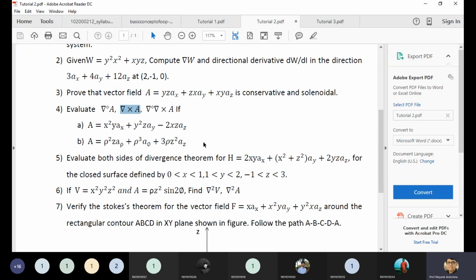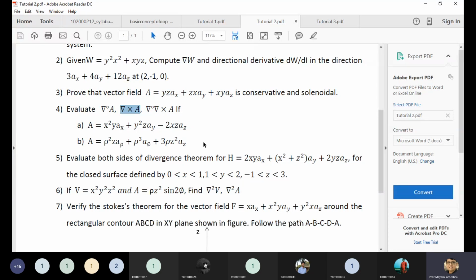For example 5, you have to prove the divergence theorem, the left hand side as well as the right hand side. The divergence theorem gives the relation between the surface and volume, and the bounds are already given.